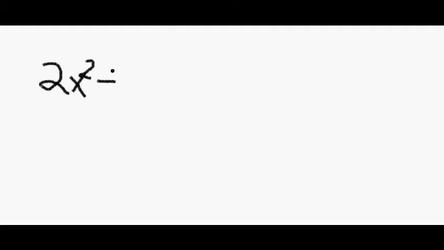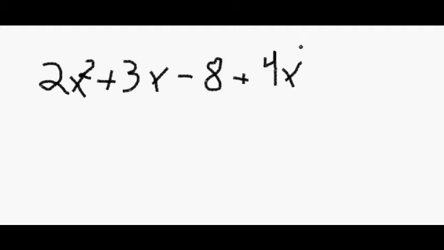So I have 2x squared plus 3x plus negative 8 plus 4x squared minus 5x plus 2. Alright, let's see what's like terms. So let's start with the x squareds.